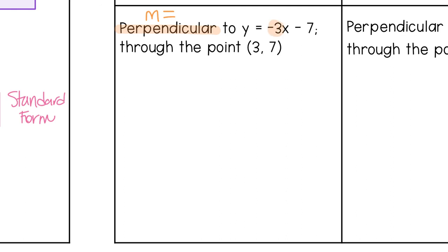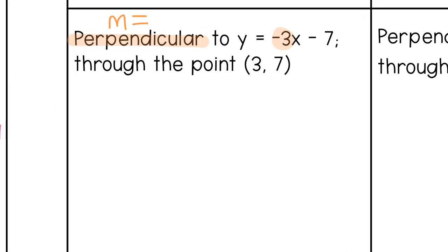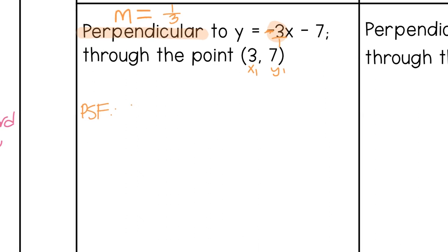So I know right now it's not a fraction, but remember all whole numbers have an invisible 1. So if I flipped it over, it would be 1 over 3. And since this one was negative, ours is going to be positive. Then our point is x1, y1. So now using point slope form, y minus y1 equals m times x minus x1.